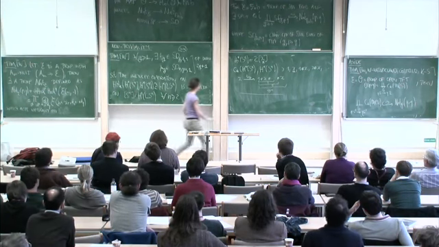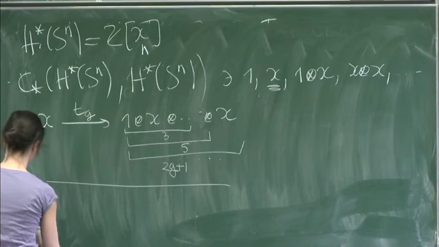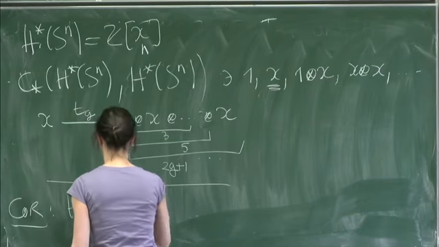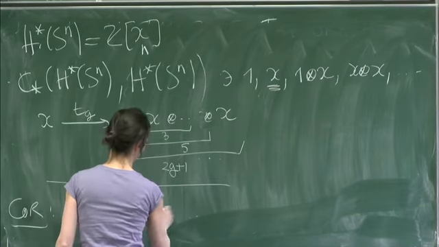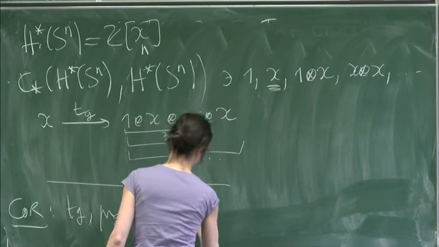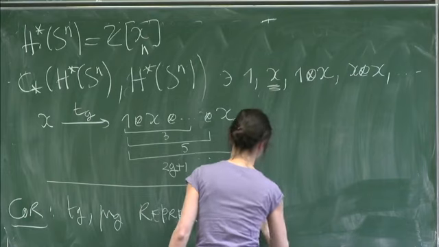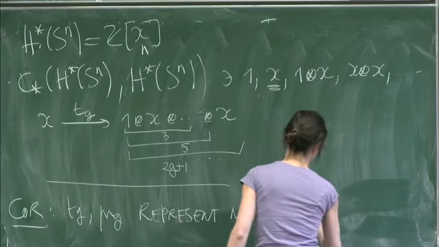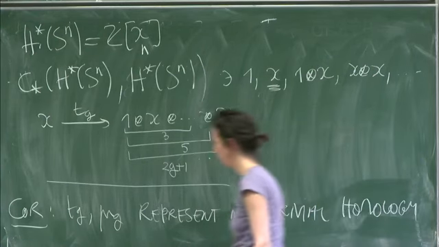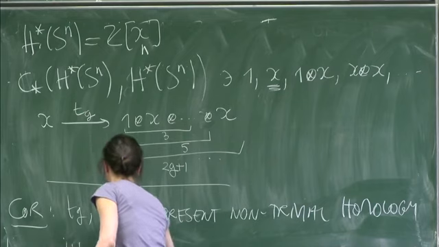And the other thing, a little corollary of this, is that these classes T_G and U_G represent non-trivial homology classes in Sullivan diagrams.